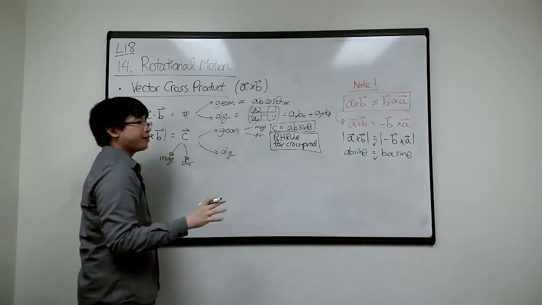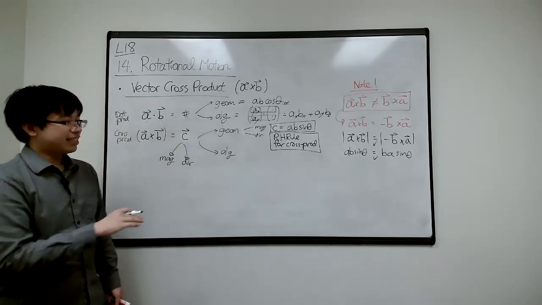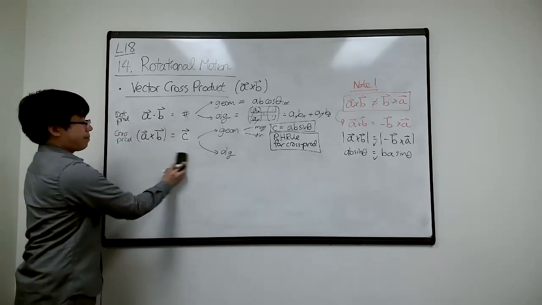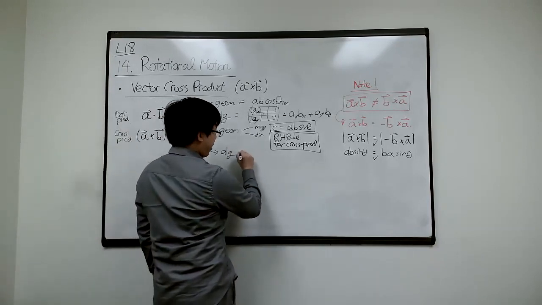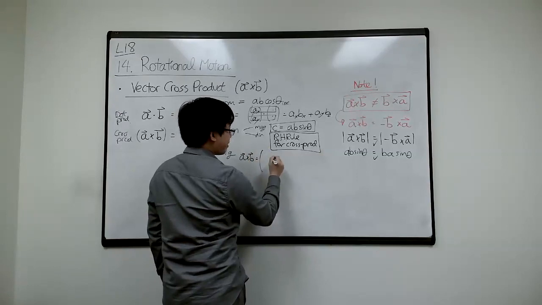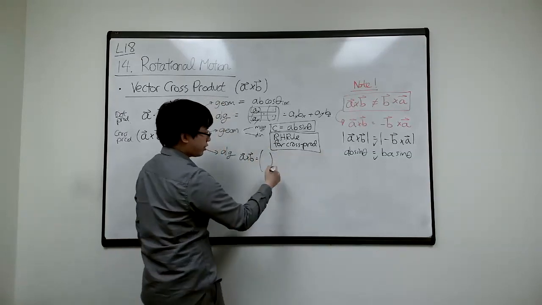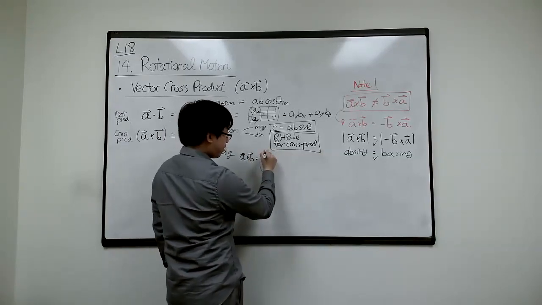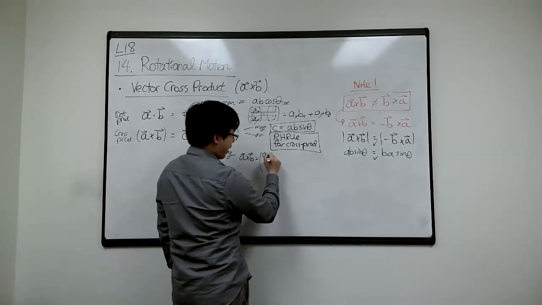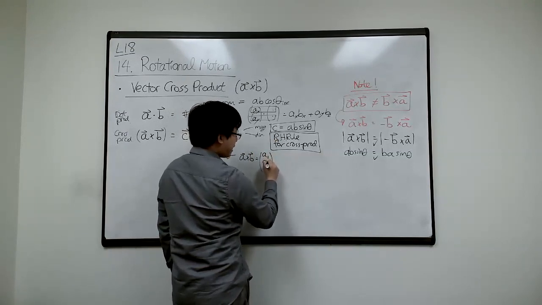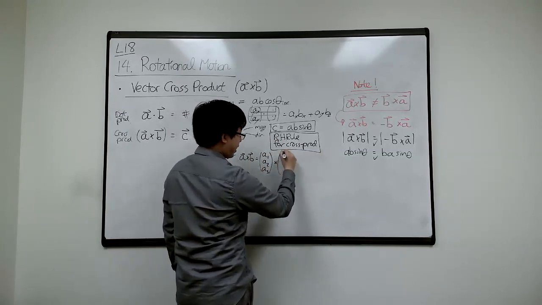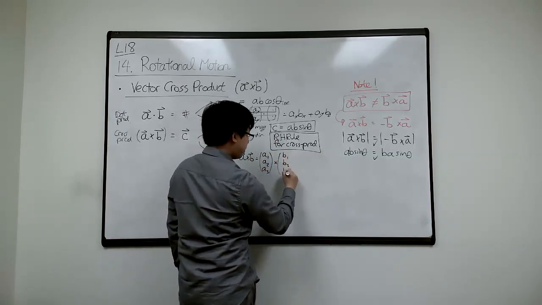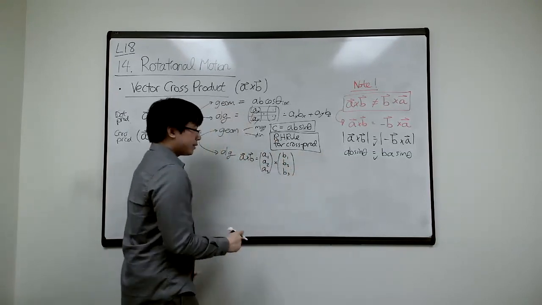I'll first state the rule, and then show you a trick to remember it. When we do algebra, let's do it in full 3 dimensions. Instead of X, Y, Z, let's call the components 1, 2, 3, which is slightly easier to write: A1, A2, A3 and B1, B2, B3.